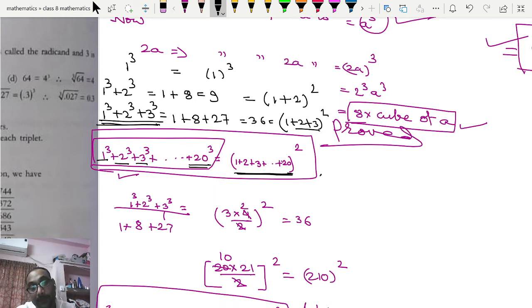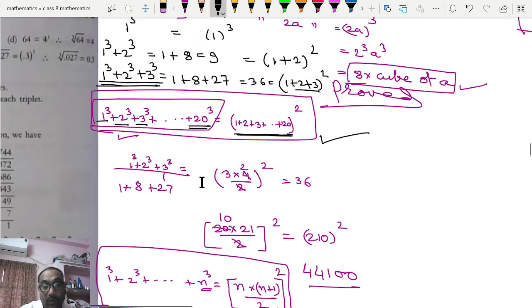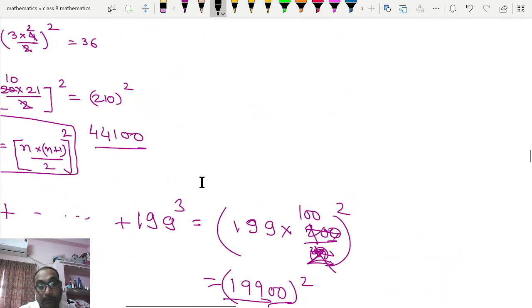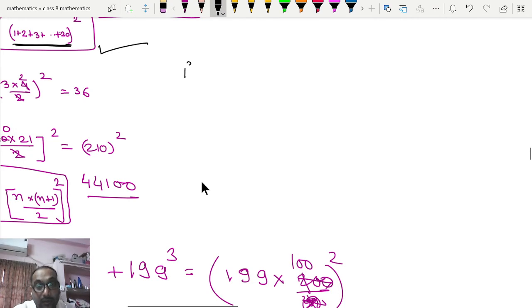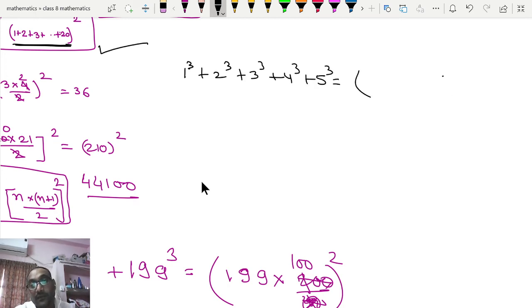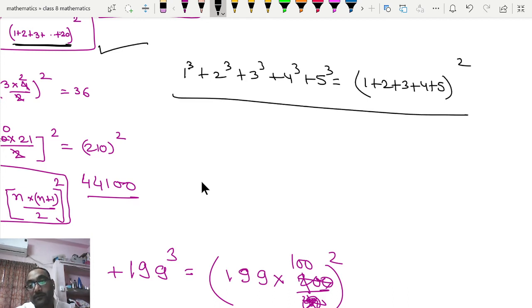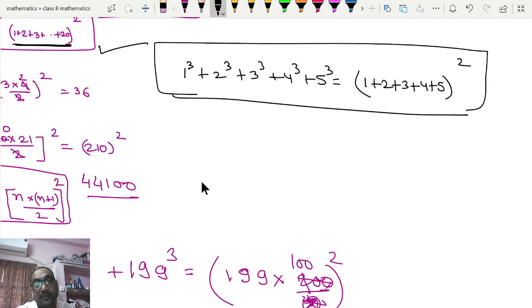So this is the pattern, and I am asking a question, and I want to see how many of you may directly answer it. 1 cube plus 2 cube plus 3 cube plus 4 cube plus 5 cube. Its result will be (1 plus 2 plus 3 plus 4 plus 5) square. Very good. So this is the answer you can easily find.